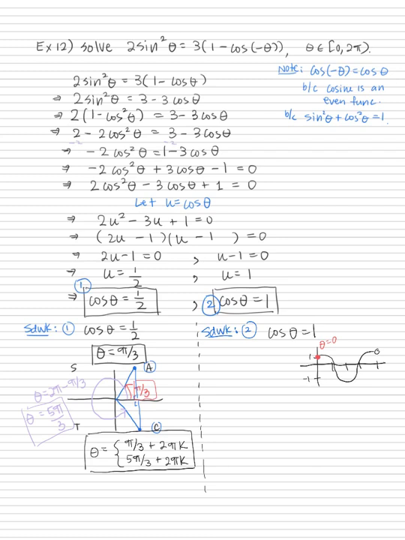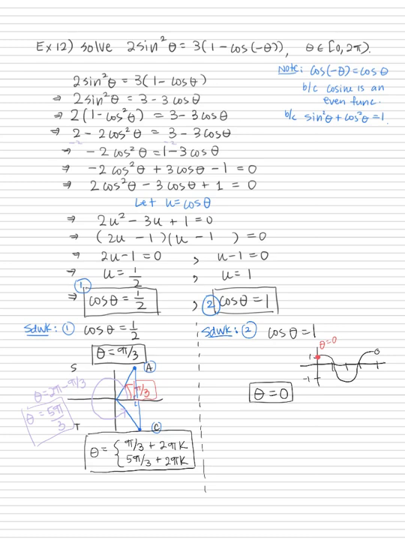Our only solution is theta equals 0. If I add 2 pi to it, it's going to be above 2 pi. So theta equals 0 would be the only answer for equation 2.